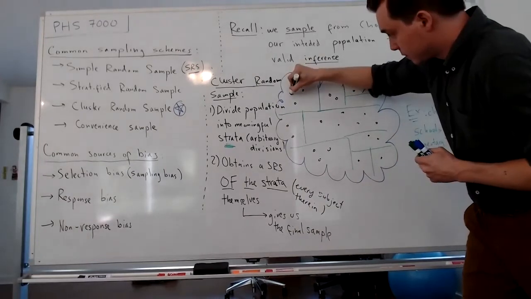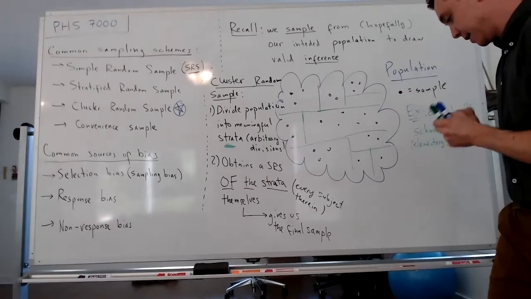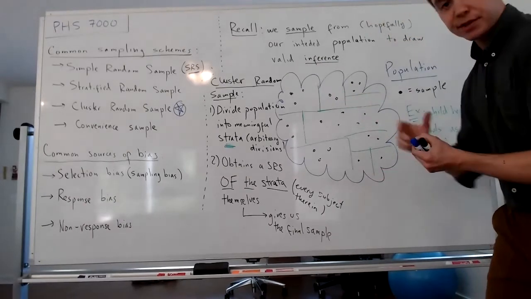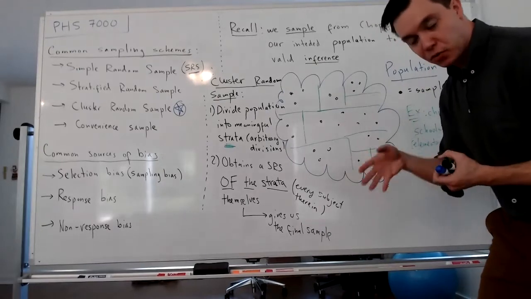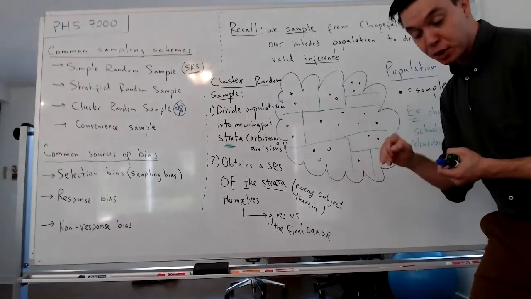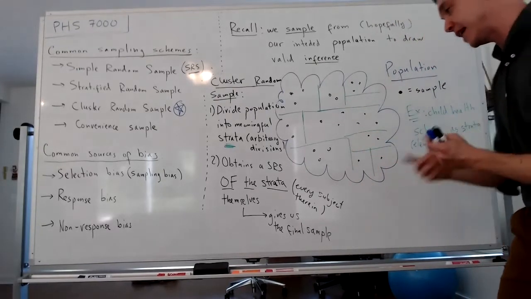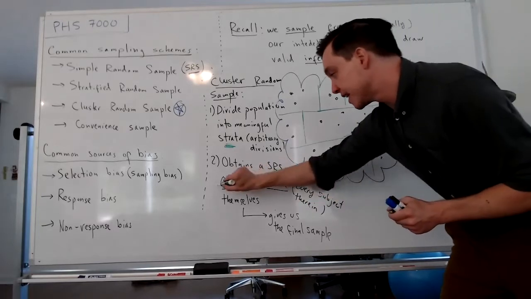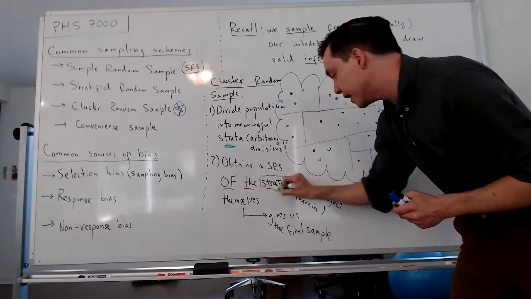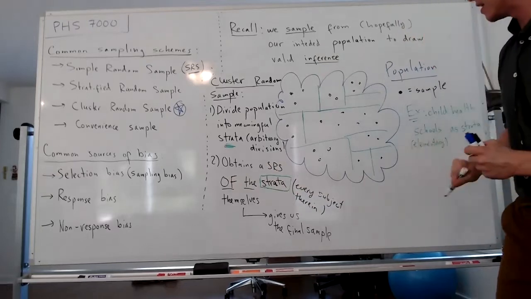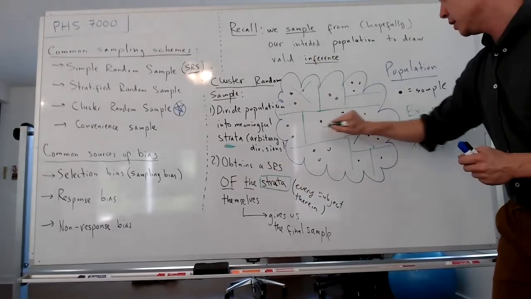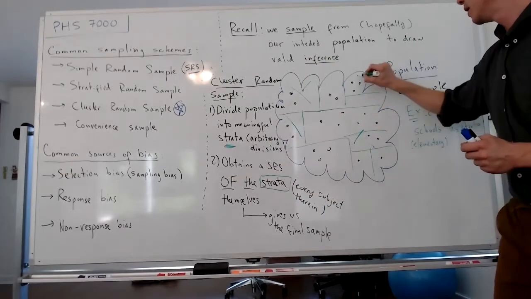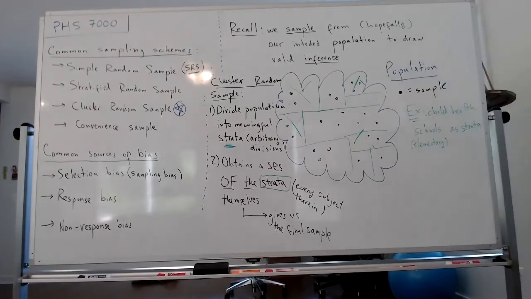So with my child health example, I would divide my population into schools, right? So these green divisions are my schools. And now, instead of going to every single school and getting a simple random sample of children within that school, I would take a simple random sample of the strata themselves. So of the schools, I would say I'm going to take this one, this one, this one, and this one.